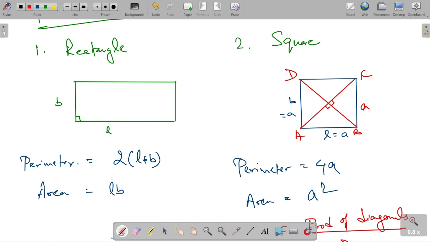Apply the Pythagoras theorem. This is a right angle, right? In a square, the two sides are perpendicular to each other. So in the triangle ABC, this is A, this is A. What will be this?